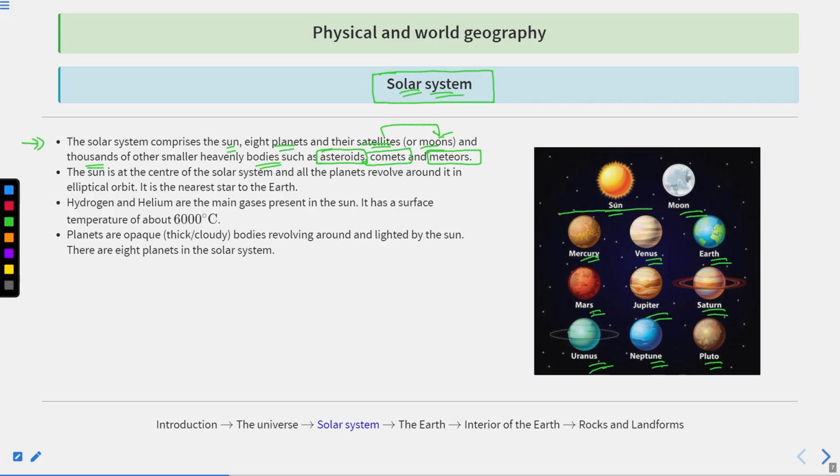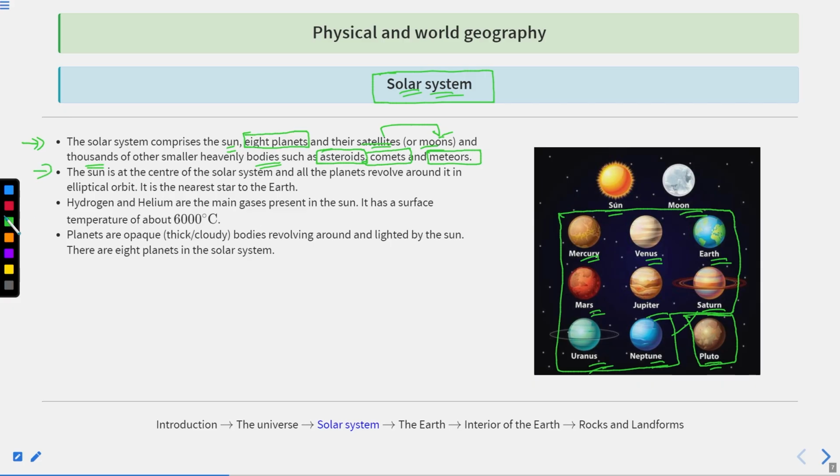Remember, the planets under the box are the actively considered planets, whereas Pluto was a planet till 2006. Later on, it was considered a dwarf planet and not part of the active planets of the solar system. So that's why we always consider 8 planets, not 9 planets.